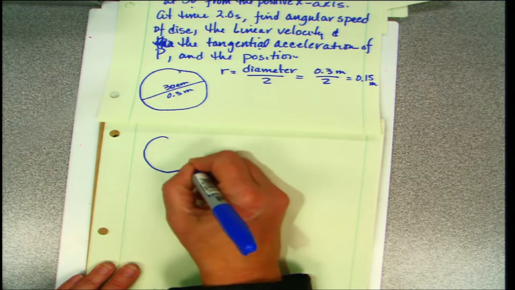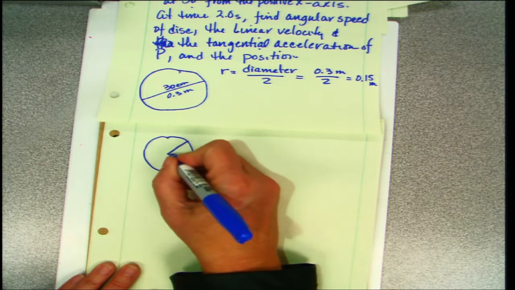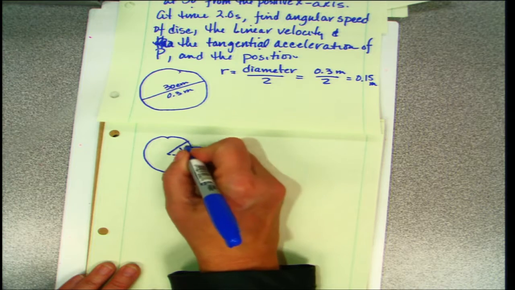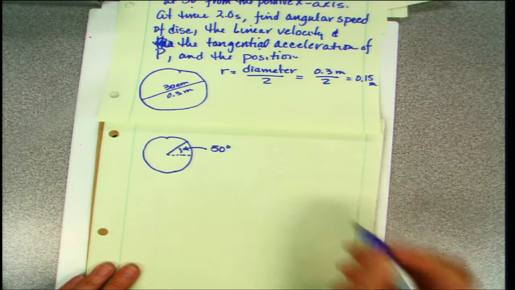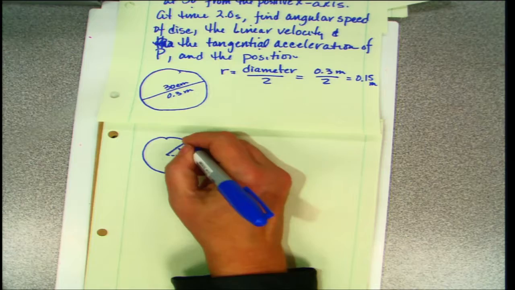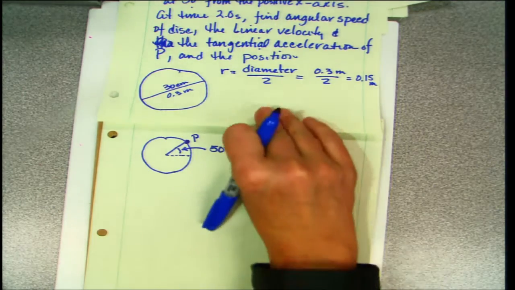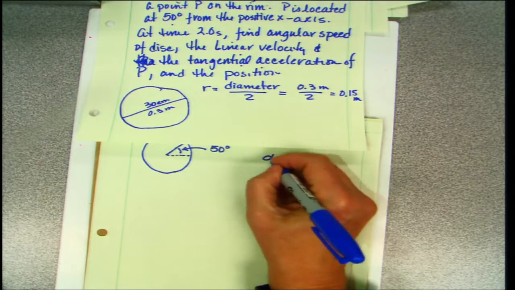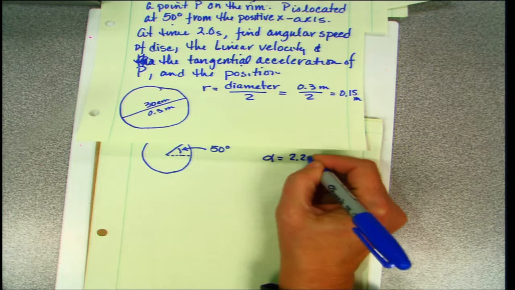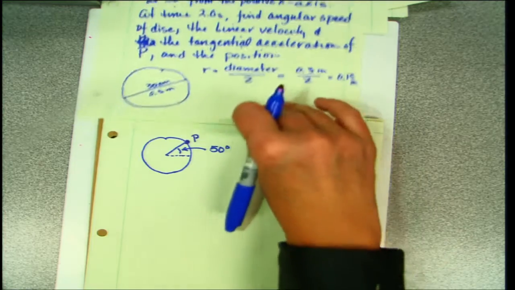There's my letter P. And we're told that my angular acceleration is equal to 2.25 radians per second squared. So the information that I know so far is that the radius is 0.15 meters, and I have an angular acceleration of 2.25. And we know my initial velocity was 0.